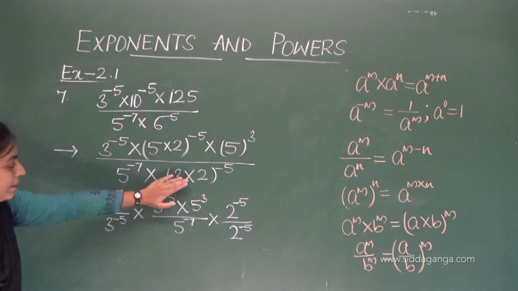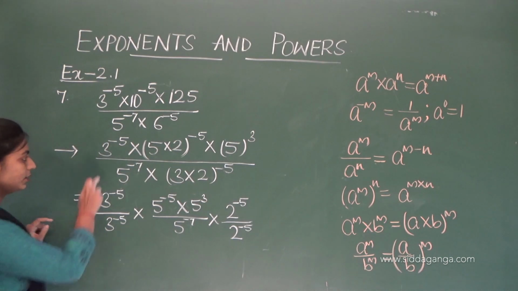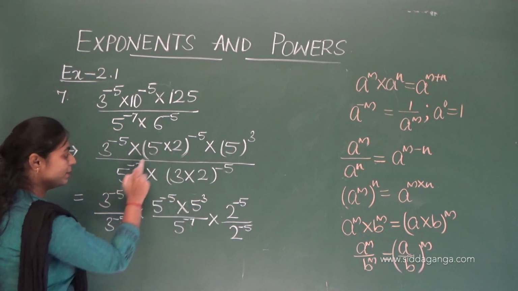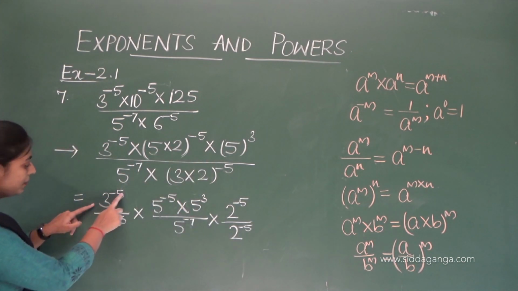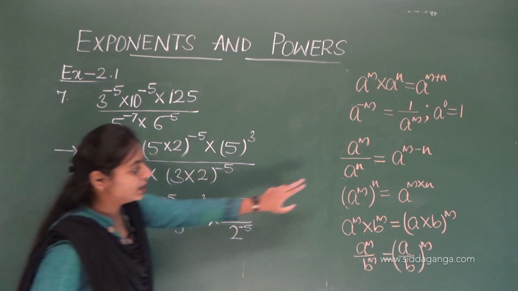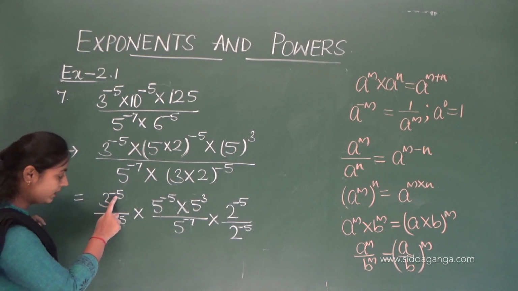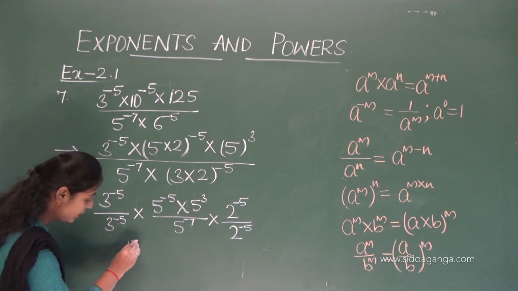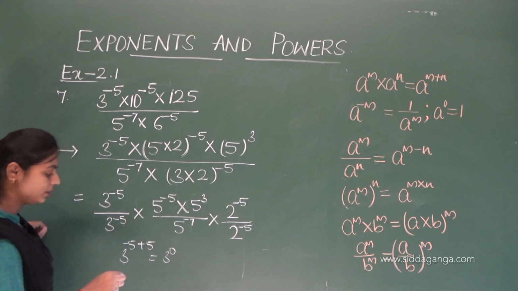So what have we done? We keep writing the similar bases as one group. 3 power minus 5 divided by 3 power minus 5, and the 5 base as one group, and the 2 base as one group. a power m by a power n is equals to a to the power of m minus n, that is 3 to the power of minus 5 minus of minus 5 is nothing but 3 to the power of minus 5 plus 5, that is equals to 3 to the power of 0.